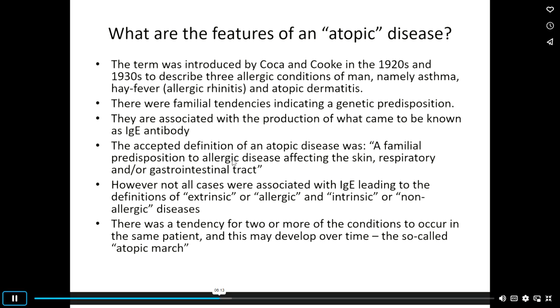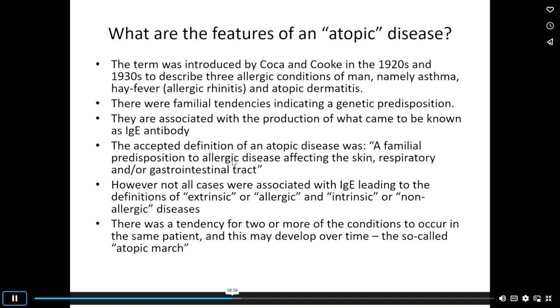And the accepted definition of an atopic disease was a familial predisposition to allergic disease affecting the skin, respiratory, and/or gastrointestinal tract. However, not all cases were associated with IgE, leading to the definitions of extrinsic or allergic and intrinsic or non-allergic diseases.